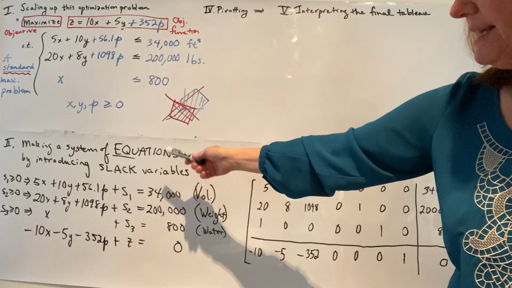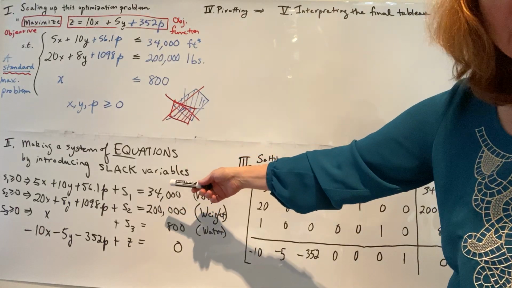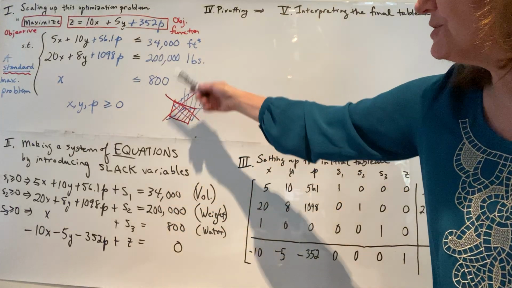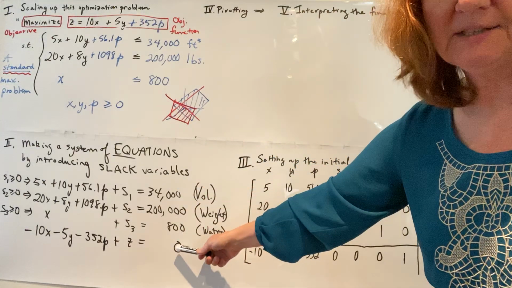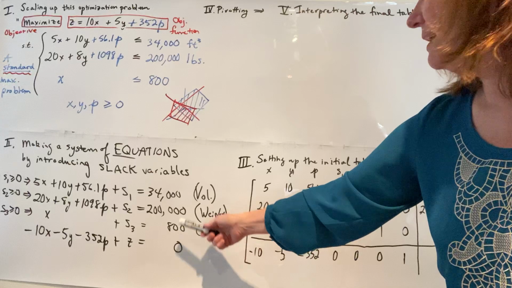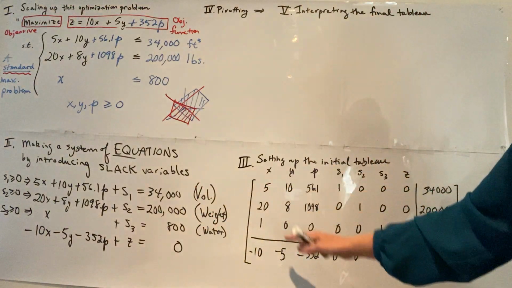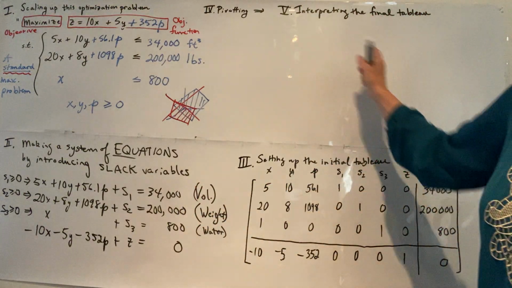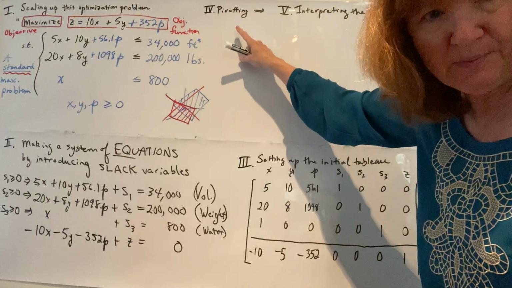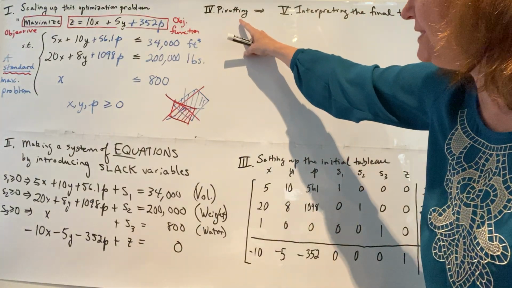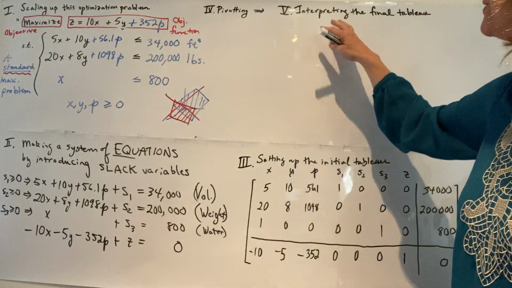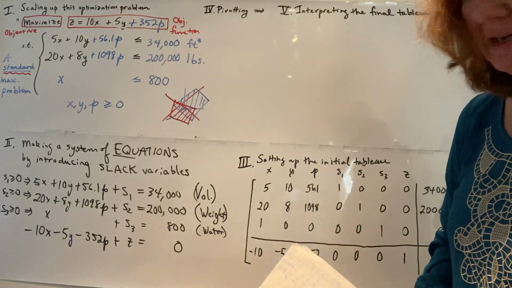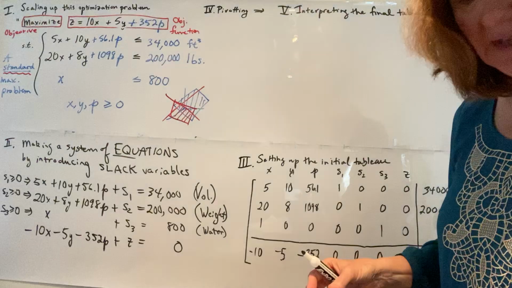Part 2 was making the constraints into a system of equations and adding the objective function in there. Part 3 was setting up the initial tableau. You've seen part 4 where we talked about pivoting, the process of how you get an initial tableau into the final tableau. So now let's suppose that we've done that.